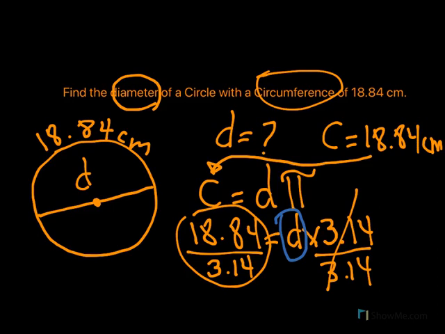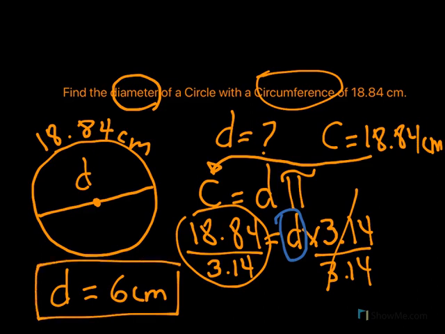In this case, I'm going to use a calculator. 18.84 divided by 3.14 gives me 6. So my diameter is equal to 6 centimeters. And with this, I solve my problem.